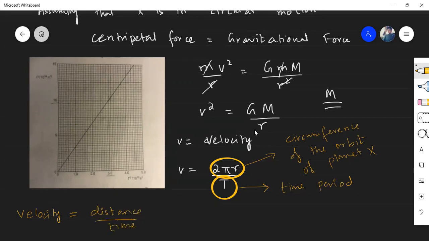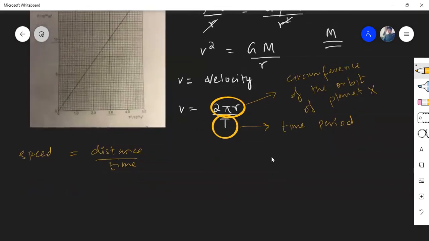I'm just going to change this to speed, so that it doesn't confuse you, because it's moving in a circle so we don't need the momentary speed. We took the distance that the planet covers in one orbit, and that distance is equal to the circumference of that orbit.